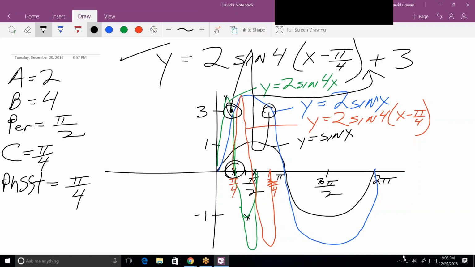And I'm going to make sure the amplitude takes me up 2 from my starting spot. So that's 5. And takes me down 2 from my starting spot. So that's 1. And I end up with that second black curve. And that's sinusoid function in a nutshell.